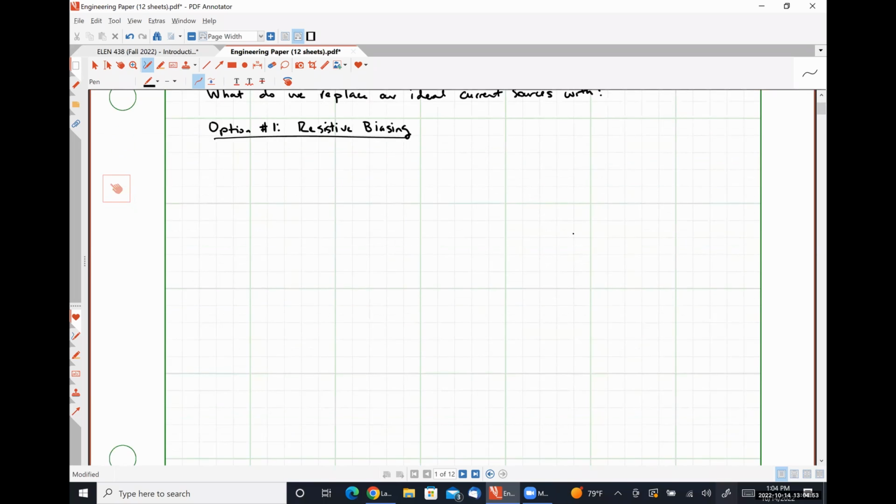So I could replace my reference current with some resistor R bias, like so. And down here is my current mirror. Here's M1, here's M2.